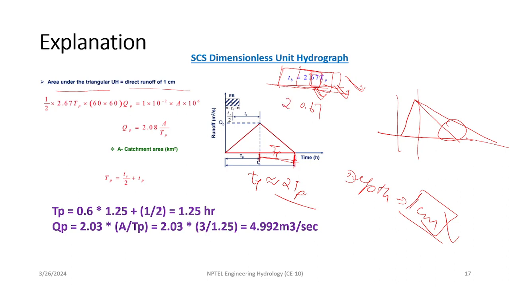You can say 2 plus 0.67. So unsymmetry has been encountered by considering a value of 0.67. But if you take a symmetrical part, then yes, it will be 2 TP. Got it?